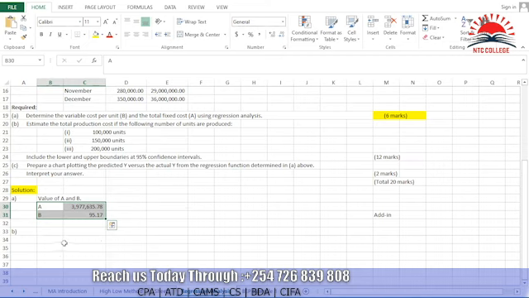What is the normal total cost of the first 100,000 units, if A and B are this? Somebody give me that figure.